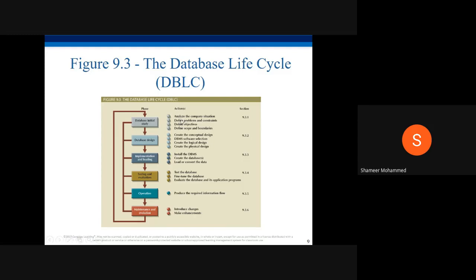What is the problem in that system? Identify and define the conditions, limitations, and constraints. Then you have to define the scope, the objectives of the system, the boundaries, and the limitations of the system.